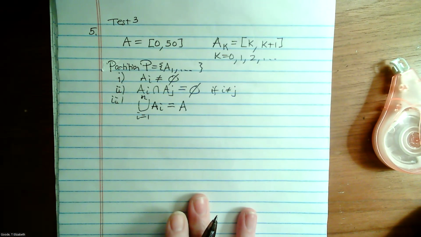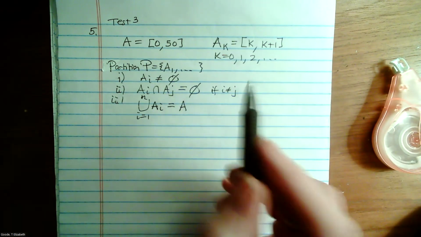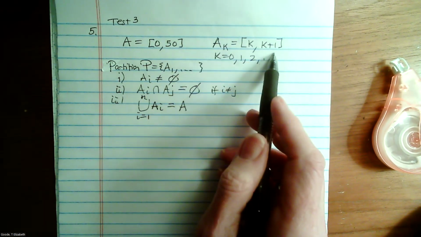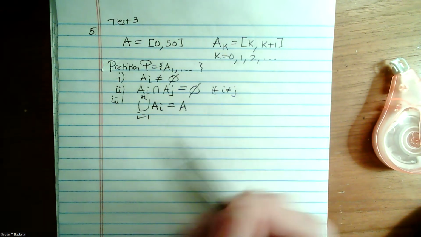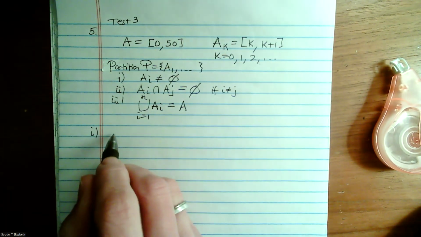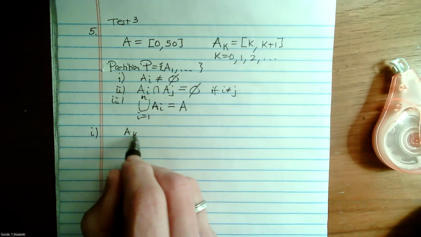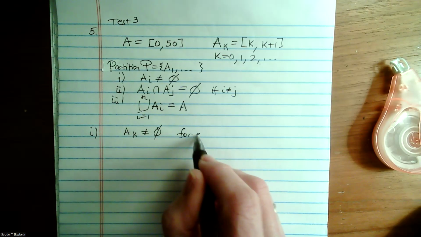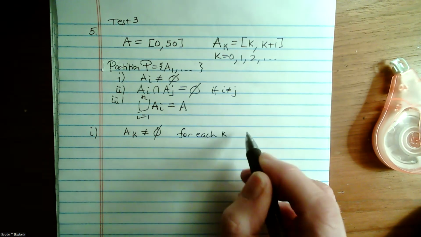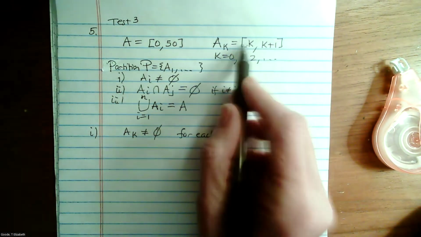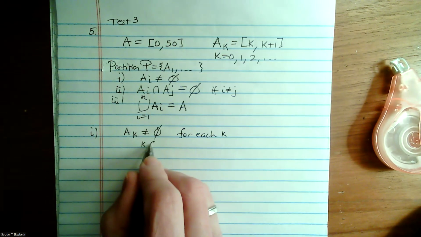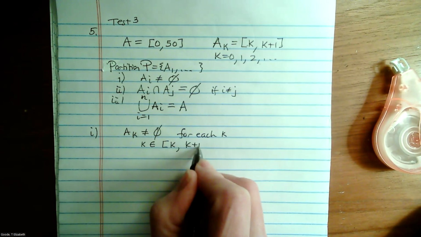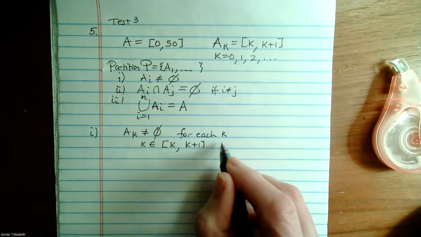Okay, so we needed to check each property for this collection of these A sub k's. So for one thing, A sub k is not empty for each k. Why? Because for one thing, k is an element of [k, k plus 1], right?